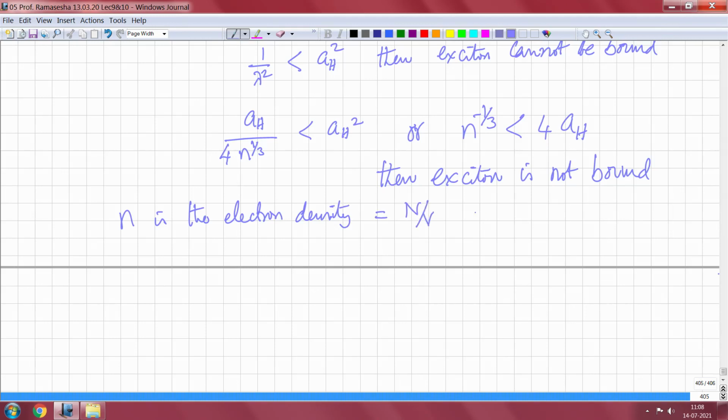So, if we reduce the volume sufficiently, then n to the minus 1/3 will be less than 4AH.